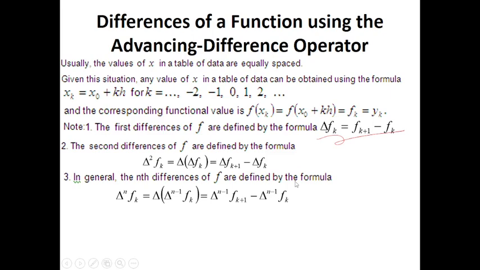In general, the nth differences of f are defined by the formula: delta to the power of n f sub k equals delta of delta to the power of n minus 1 f sub k equals delta to the power of n minus 1 f sub k plus 1 minus delta to the power of n minus 1 f sub k. Okay, so that's the general formula in finding the nth differences of the function.